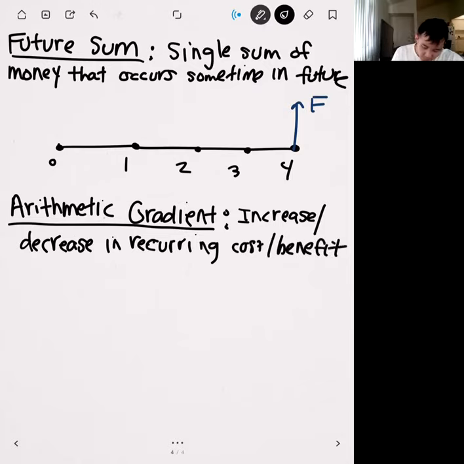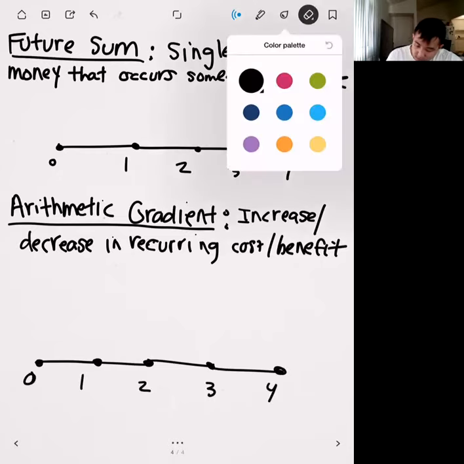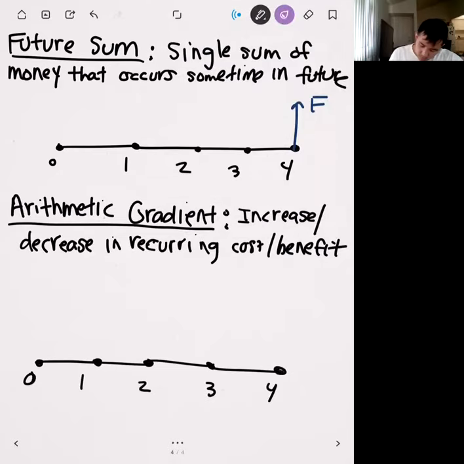Remember the question from homework 2, where I asked why the standard form for the arithmetic gradient starts on year 2? Let's use purple. The standard form for something that might be increasing would be something like this, where each increase goes up by an amount G. The arithmetic gradient starts by standard on year 2 because the G strictly represents just an increase or decrease in a recurring cost or benefit.